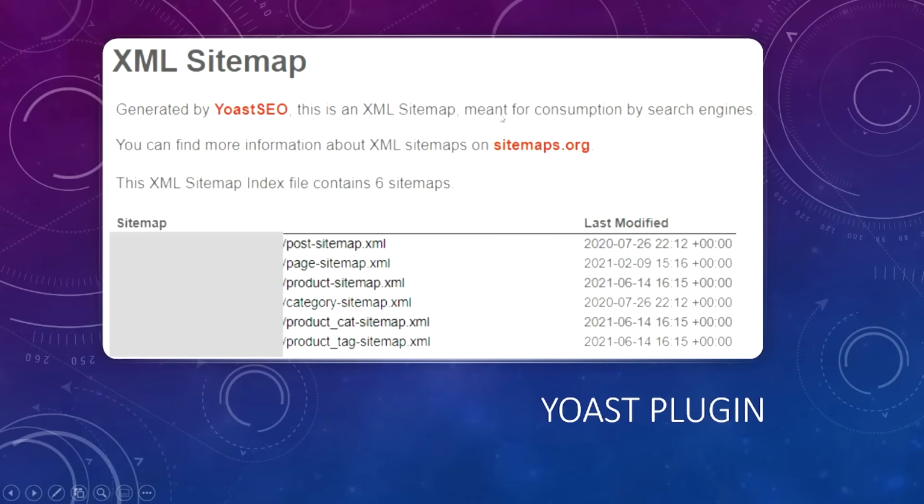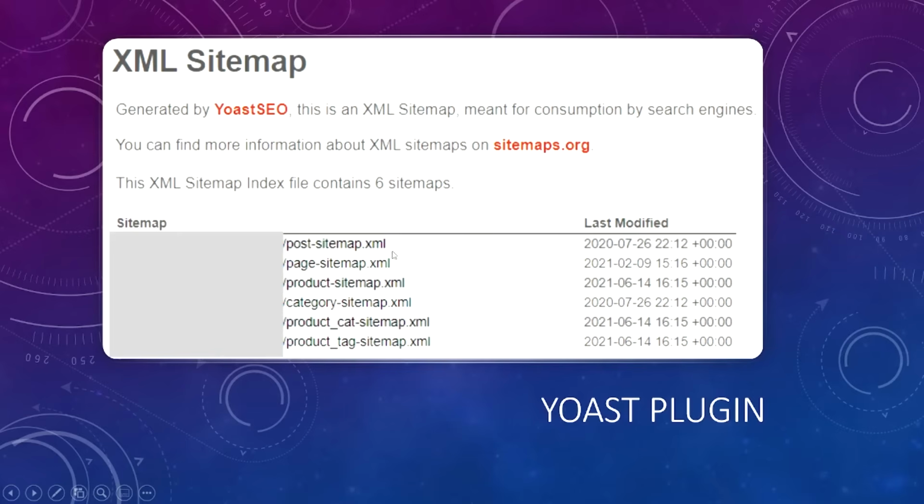This is meant by consumption of search engines. You can find out more about XML sitemaps on sitemaps.org. So in this case, it created, I cut out the part of the URL here, and it'll put posts, pages, products, categories, whatever is required, and then it has a sitemap.xml.